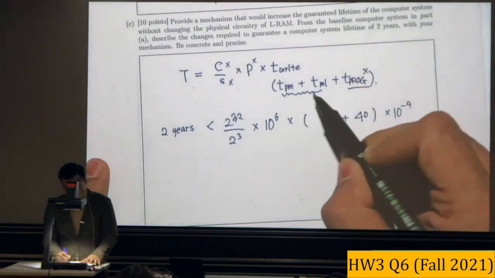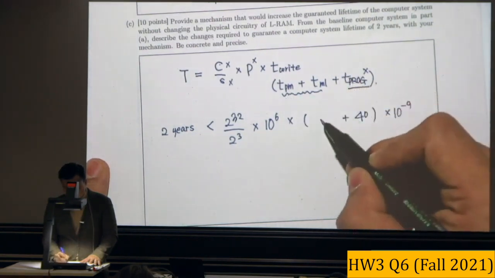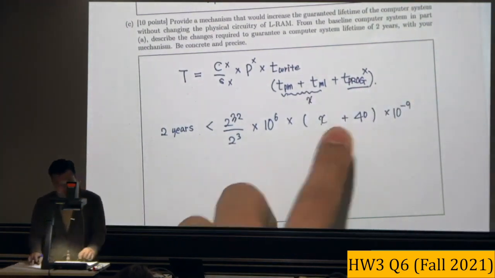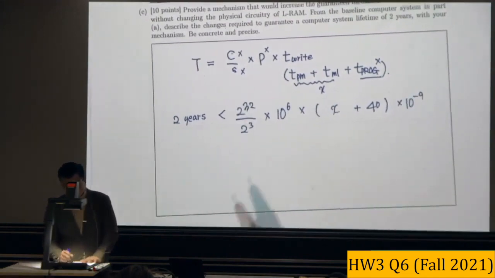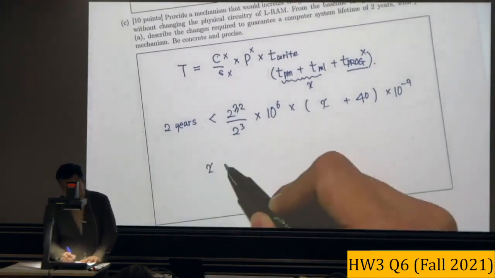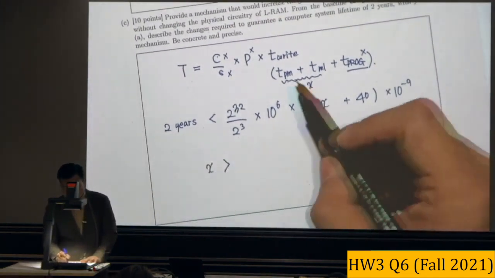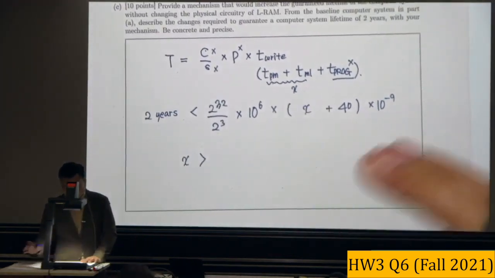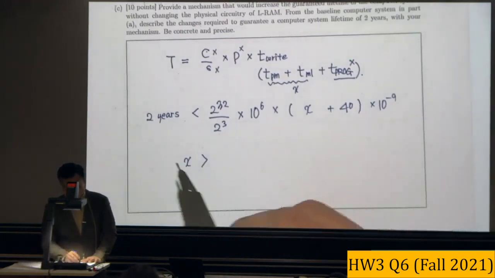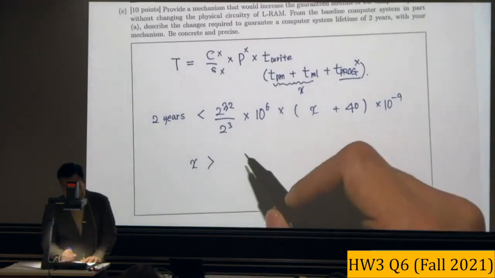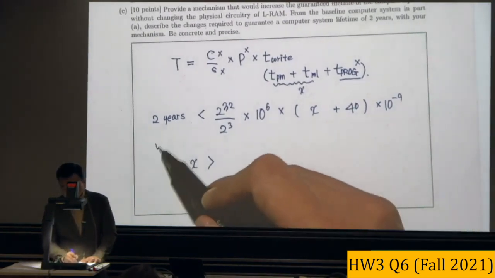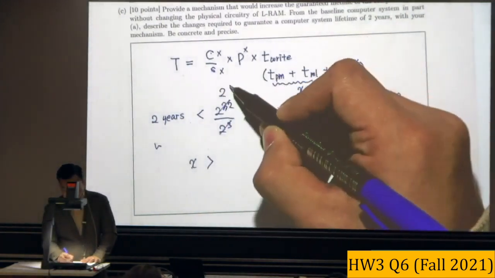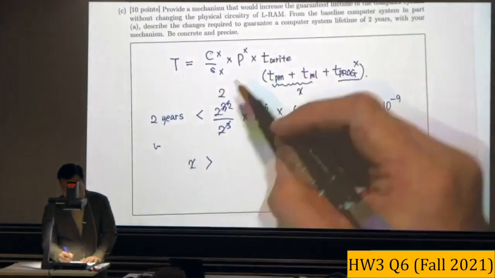And we can only change these two values, and I'll put this as X. And we needed to increase the transfer time between the processor and the memory to satisfy this inequality. I think it is sufficient to just minimize this formula.